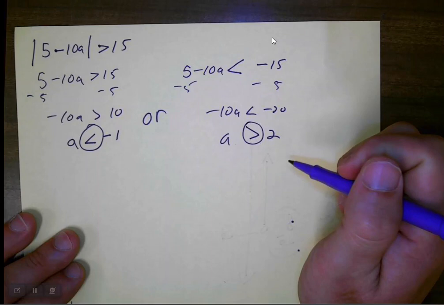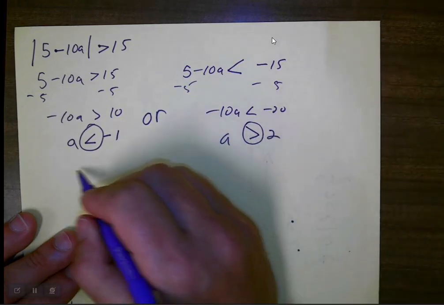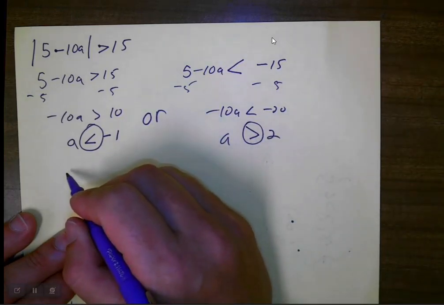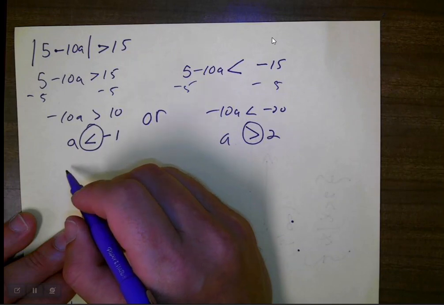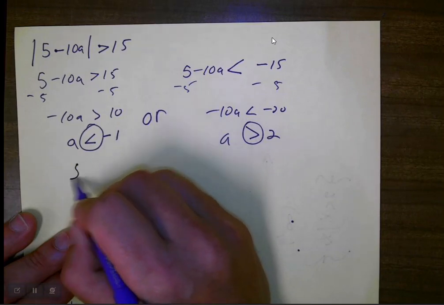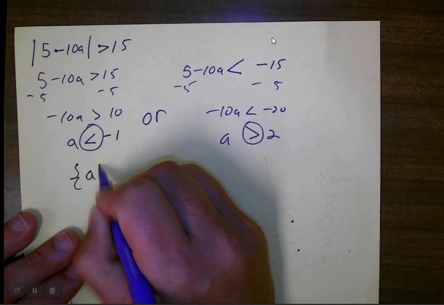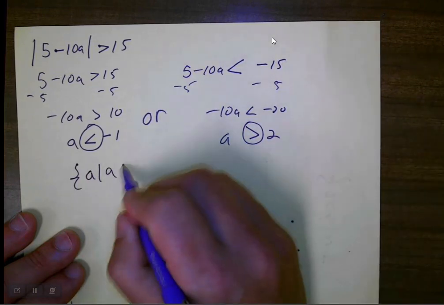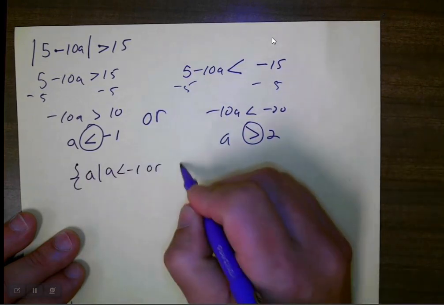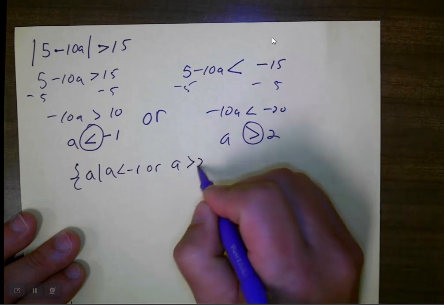If you're going to write it out, you're going to say curly bracket a such that a is less than negative 1 or a is greater than 2.